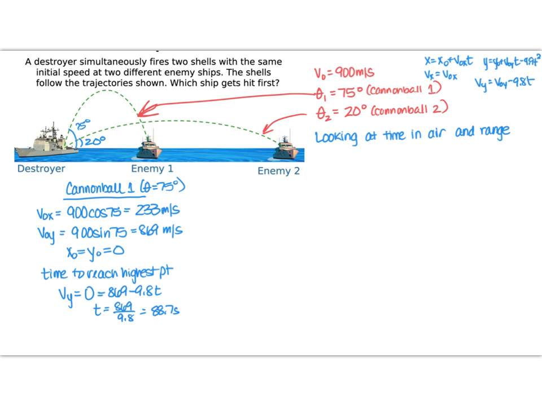Now, because we're assuming the cannonball starts and ends at the same level, we can say that the time of flight is just 2 times this time, 88.7. And so the total time it's in the air is 177 seconds, which is about 3 minutes. So probably a lot longer than you thought. This is for the entire flight, and this is for the time to the highest point.